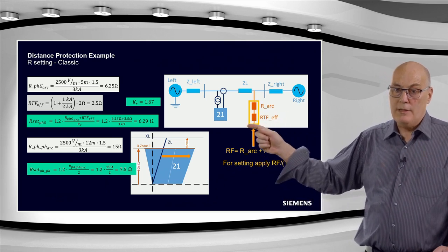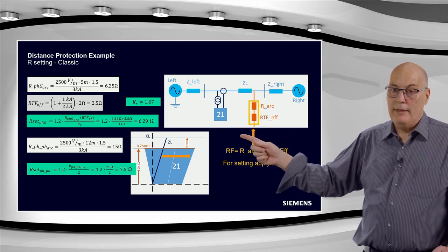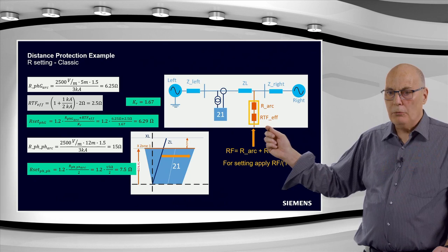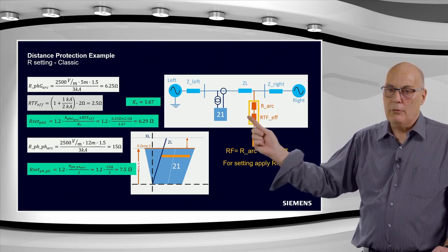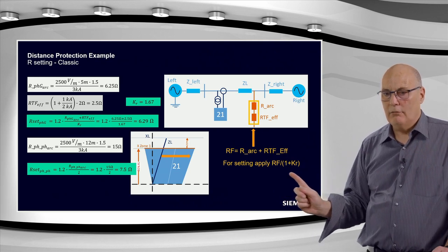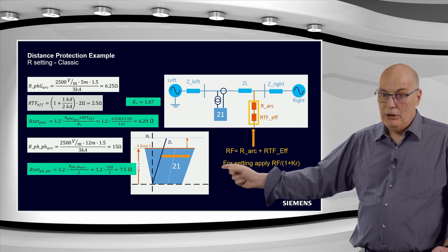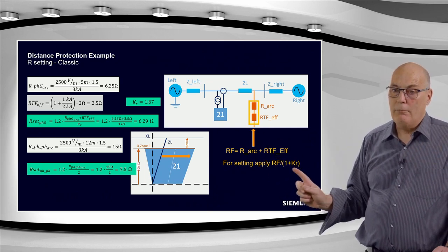So this resistance here is not part of the positive sequence, it's not part of the E, it's somewhere in between, and the way the method of measurement deals with it, it separates it into one portion into the positive sequence and one portion into the ZE. And that separation factor is this 1 plus KR. So what actually appears in the measurement with the classic is not RF, but RF divided by 1 plus KR.